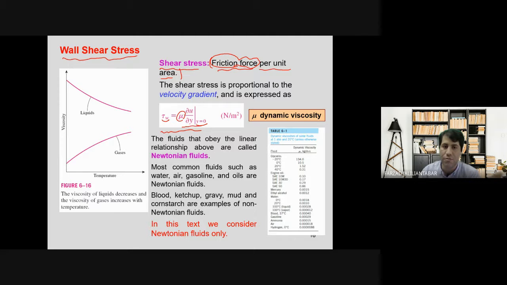fluids. The fluids which follow this equation are called Newtonian fluids.